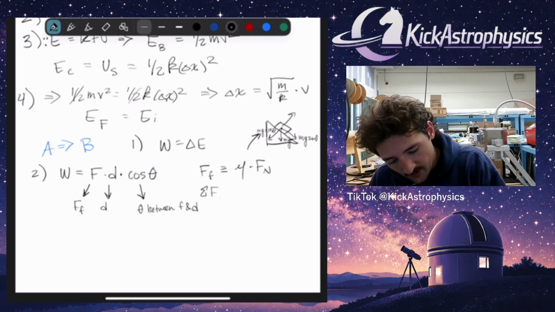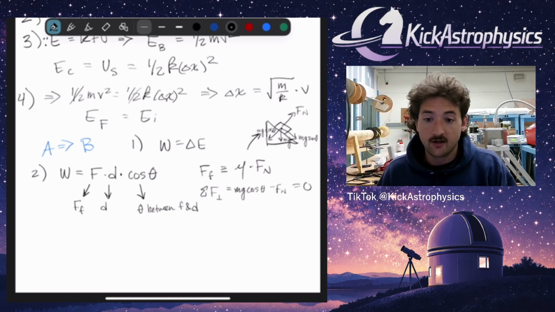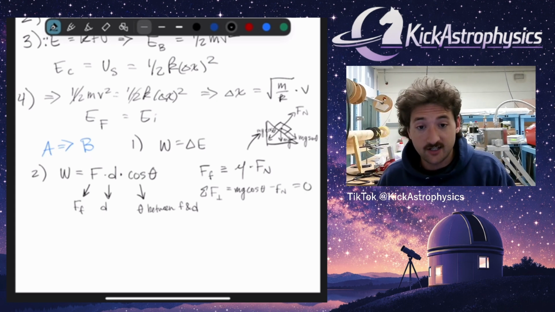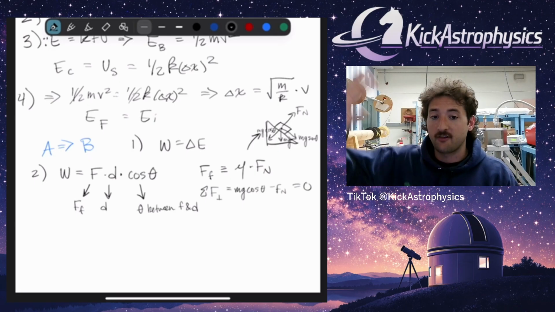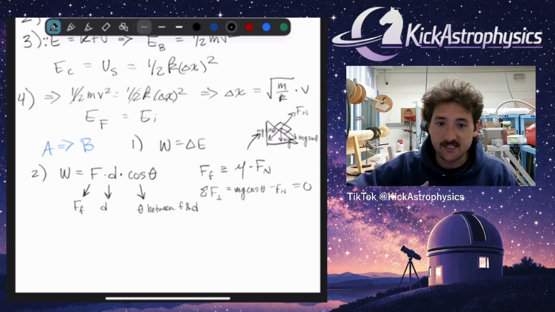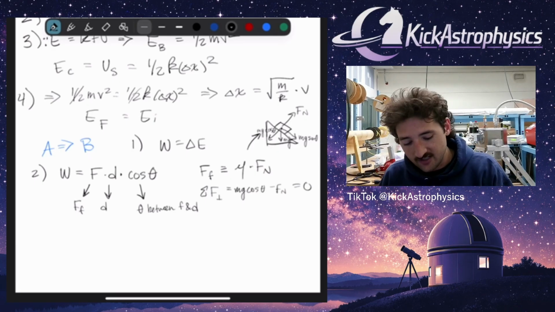And the perpendicular component will be equal to mg cosine theta minus the normal force, which is equal to 0, right? It's equal to 0 because it's not accelerating in the perpendicular direction. The block is not flying off of the incline, nor is it seeping into it. And so we have these two forces that are perfectly counterbalancing one another.